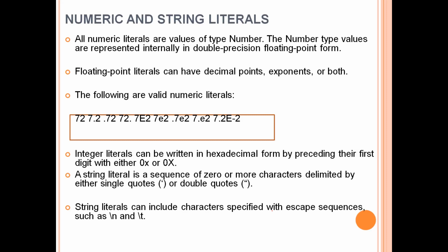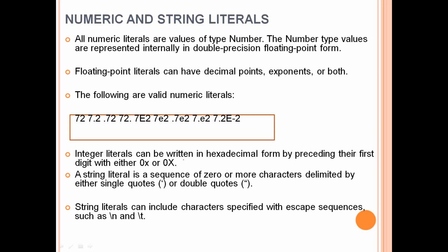So, in JavaScript, the numeric literals are all numeric values, whether it is a floating point value or an integer value, it doesn't matter. All numeric values are considered numeric literals and all are double precision.